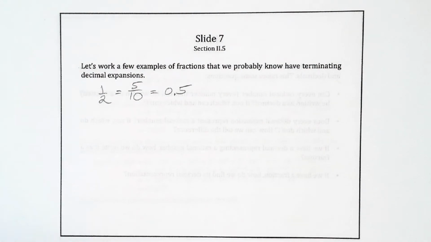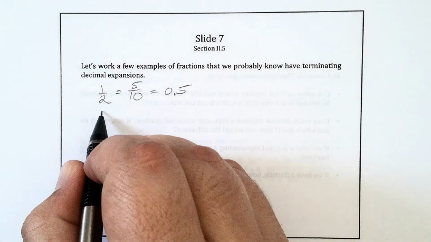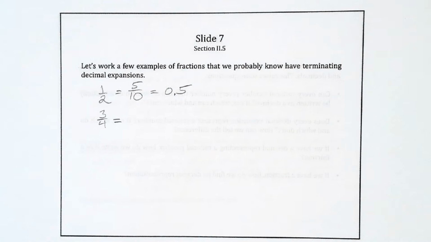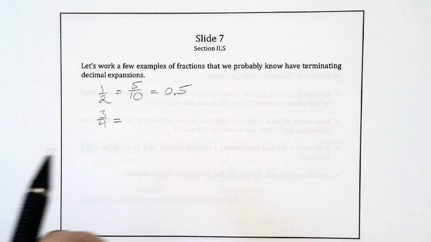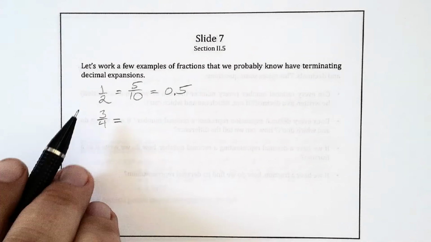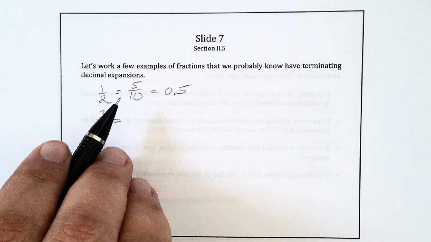Okay, let's try something similar. Let's try 3/4. Probably you all know that that's 0.75. But again, I want to be able to explain that just using a pencil and paper explanation. I don't want to use a calculator. How do I know that that's 0.75? Well, for 1/2, we had this trick where we wrote it as something over 10.